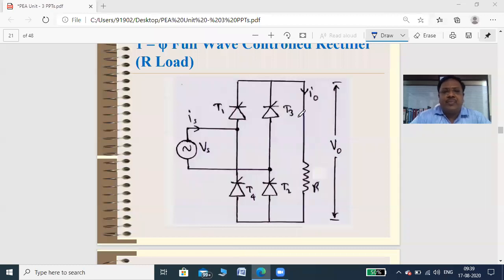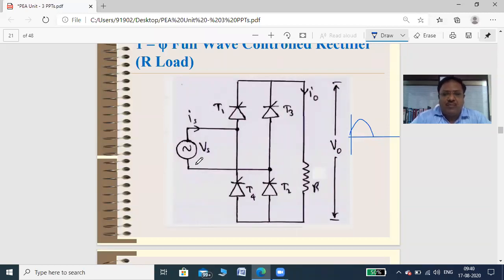Okay, so during the positive half cycle, T1 and T2 both are conducting. Your current flows from VS through T1, then through R, back through T2 and then to VS. So you will get a positive half cycle at the load. Then during the negative half cycle, T1 and T2 turn off because of natural commutation. At the same time, T3 and T4 are both in a forward blocking state, or we can say forward bias state, right?